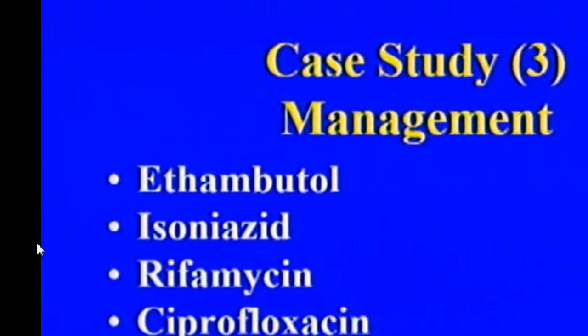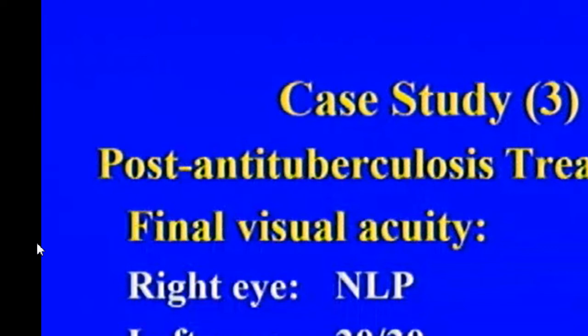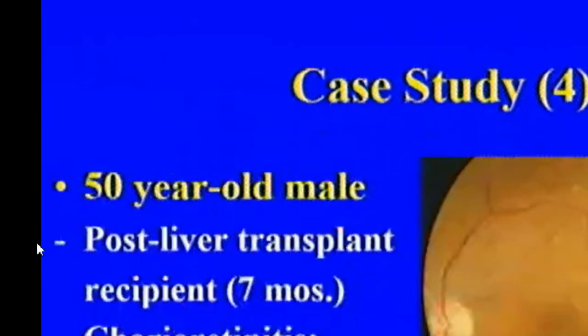He had complete recovery, and ended up with normal vision in the eye that had the choroiditis. You can see the area of patchy, healed choroiditis. The other eye that had uveitis went into phthisis bulbi after the treatment. So no light perception in the right eye, 20/20 in the left eye.